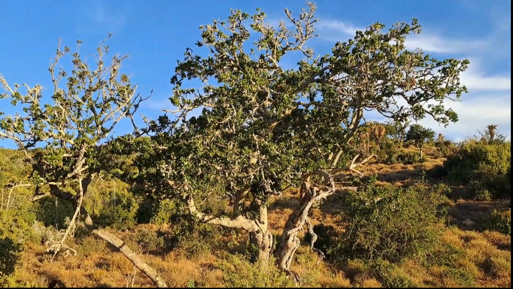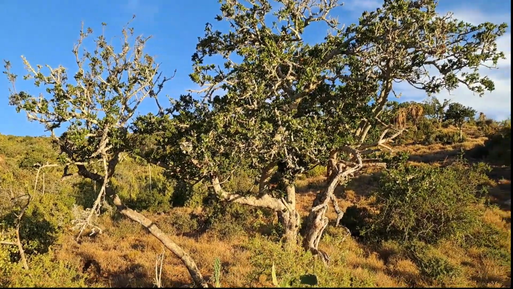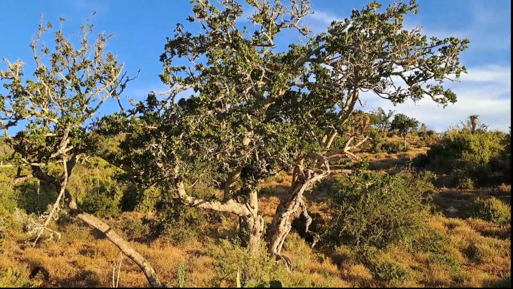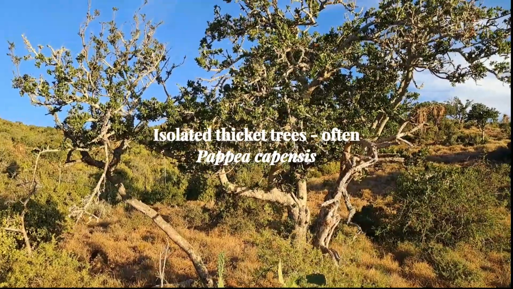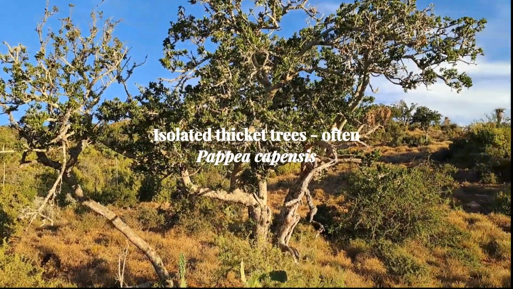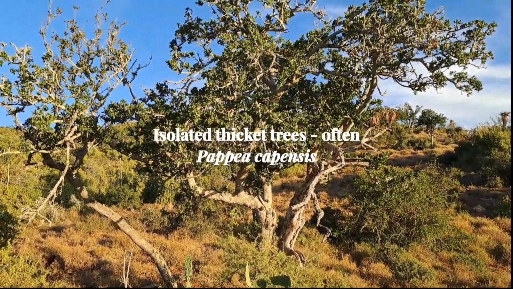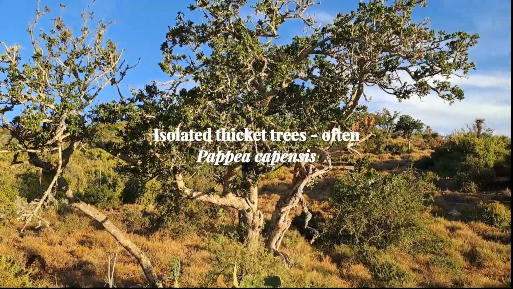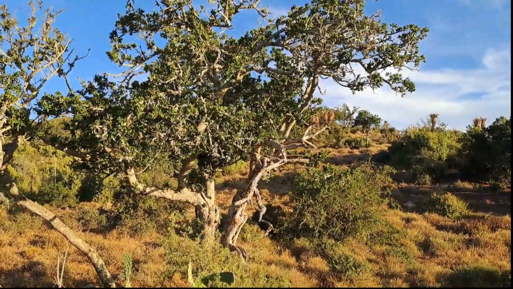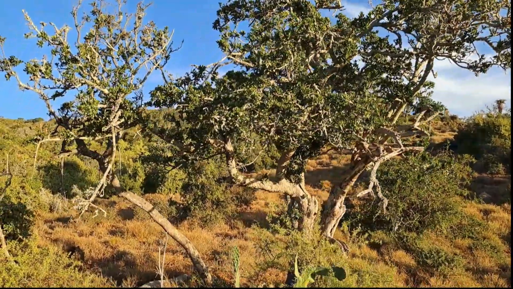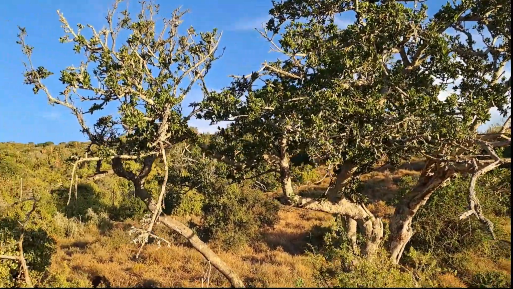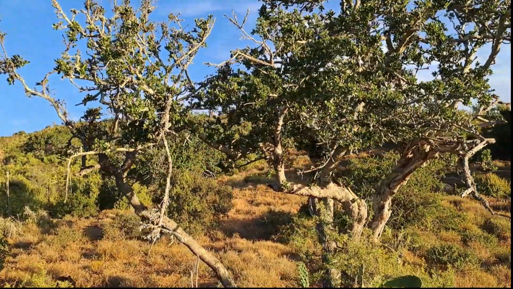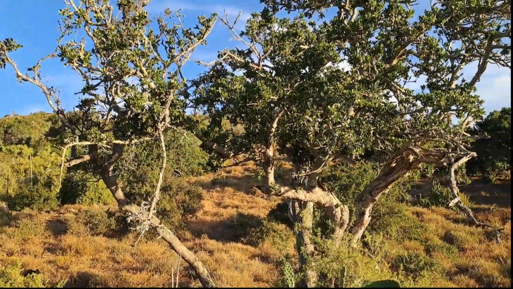Another good indicator is the presence of these remnant, isolated, umbrella-shaped thicket trees, like this Pappea over here. In some areas we see thickets turning into what they call a pseudo-savanna. So it's an open matrix with scattered remnant trees. And the recruitment of these species, especially from seeds, requires a closed microhabitat, one created by Spekboom.